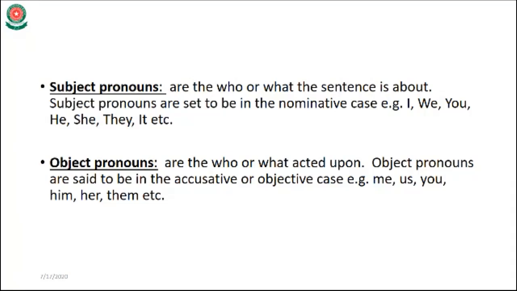Object pronouns are the who or what acted upon. In an easy way, you can say it is the one upon whom the action is being done. There is a little bit of difference between the subject pronoun and object pronoun. Subject pronoun is who or what the sentence is about, and object pronouns are who or what is acted upon.